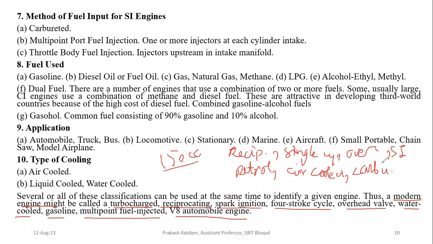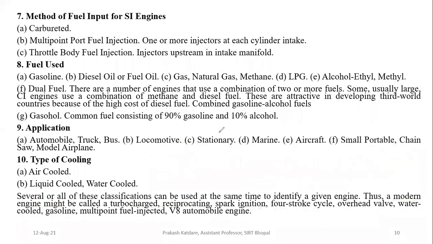Which one? The engine which we are using in our two-wheeler. That can be a reciprocating engine, single cylinder engine, overhead valve, SI engine, petrol engine, air cooled, and carbureted engine. So the same engine can be classified into different categories. So these are the classifications of IC engine which we have.